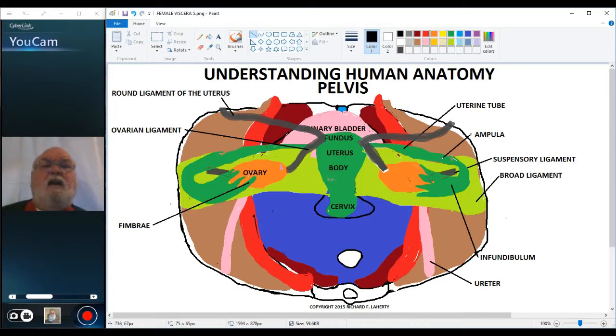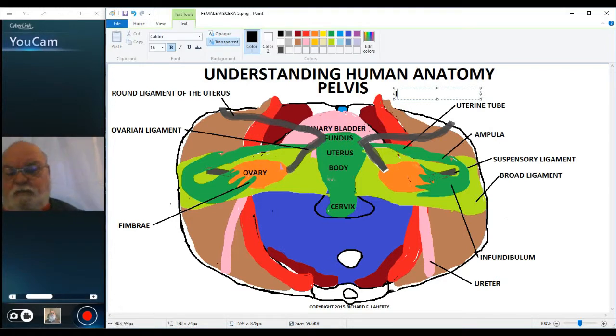And finally, the tube gets very narrow, and the very narrow part of the tube that connects to the uterus itself is the isthmus.